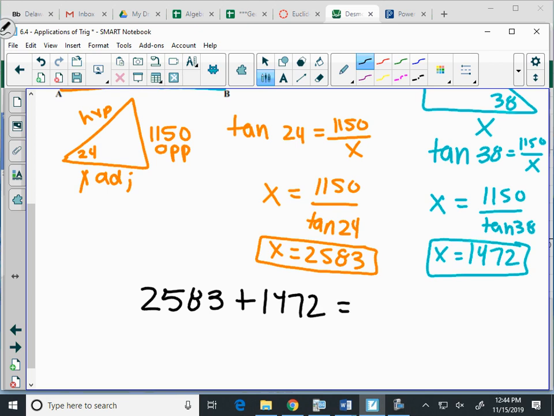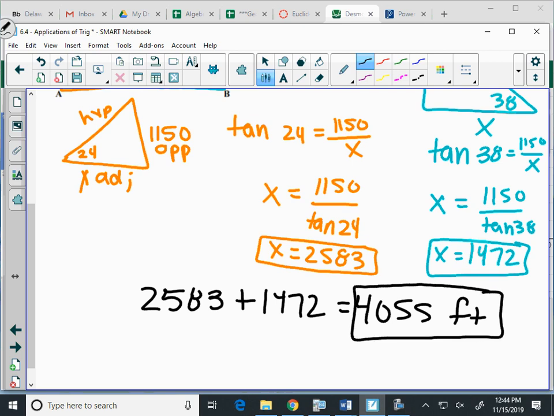And when we add them together, how far apart are those two observers? What is it? About 4,055. There we go. Questions over that? Here's some practice.